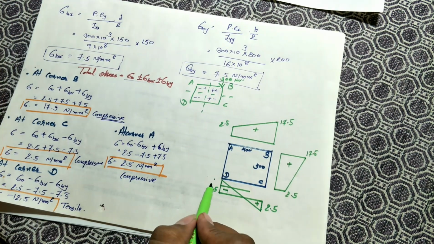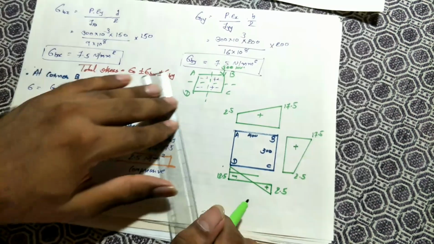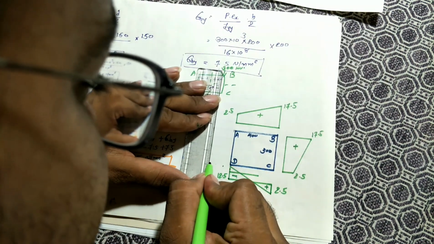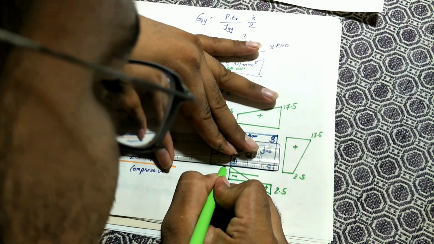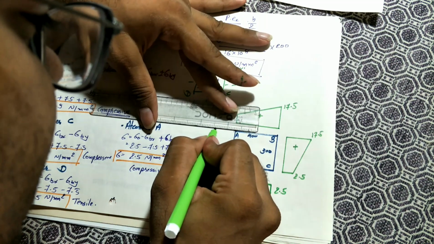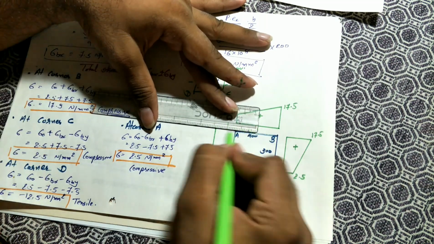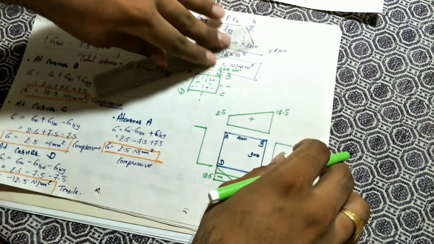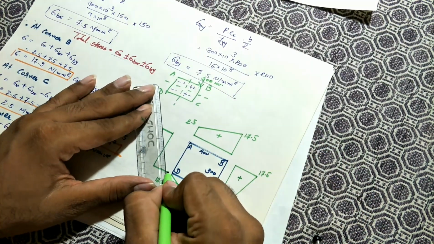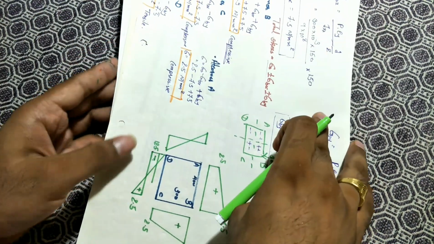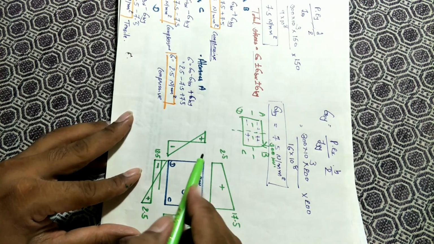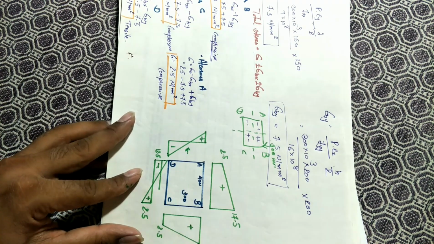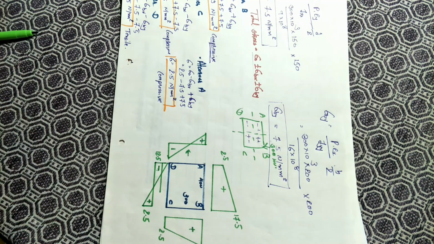Okay, now same for this case, that is, if we draw a line over here, this is your minus value and this is again a 2.5 value which is plus, so your diagram will be like this. I will explain how. Okay, if you look at from this side, this value is plus and this value is minus. Okay, we have to look from here. I will make a note over here.